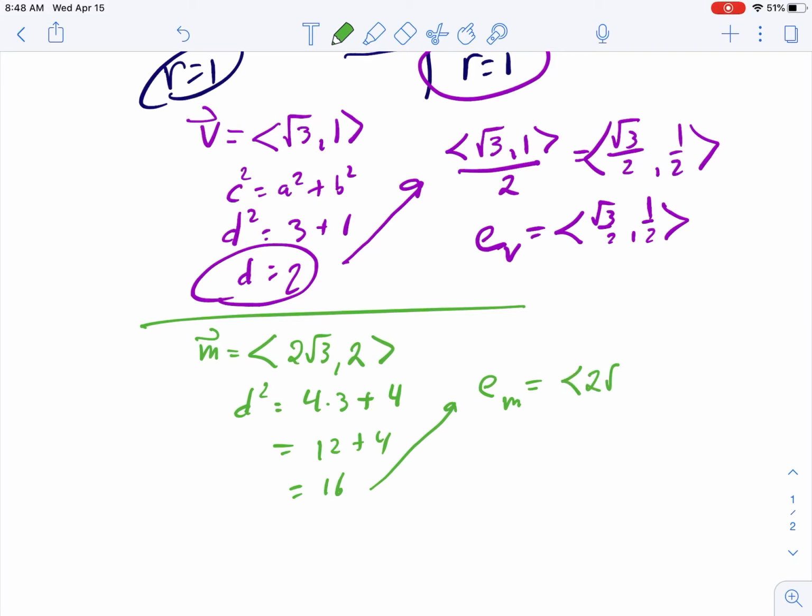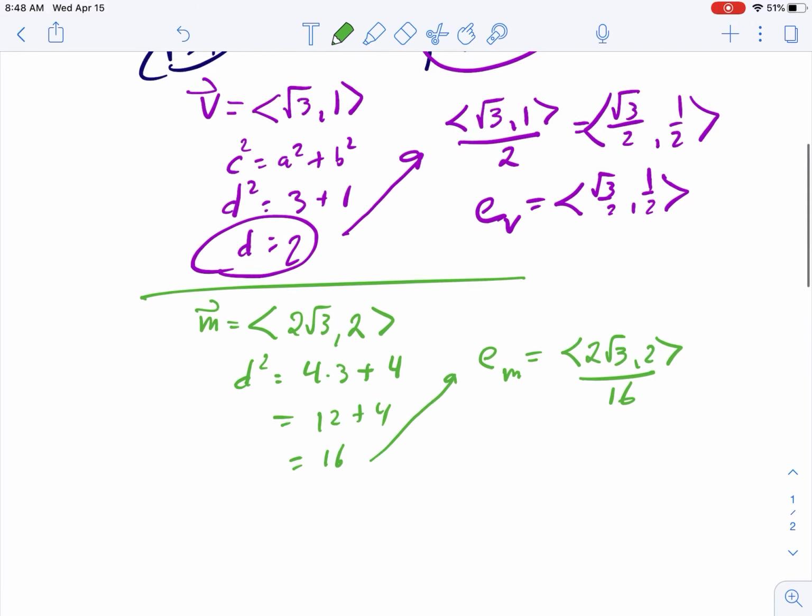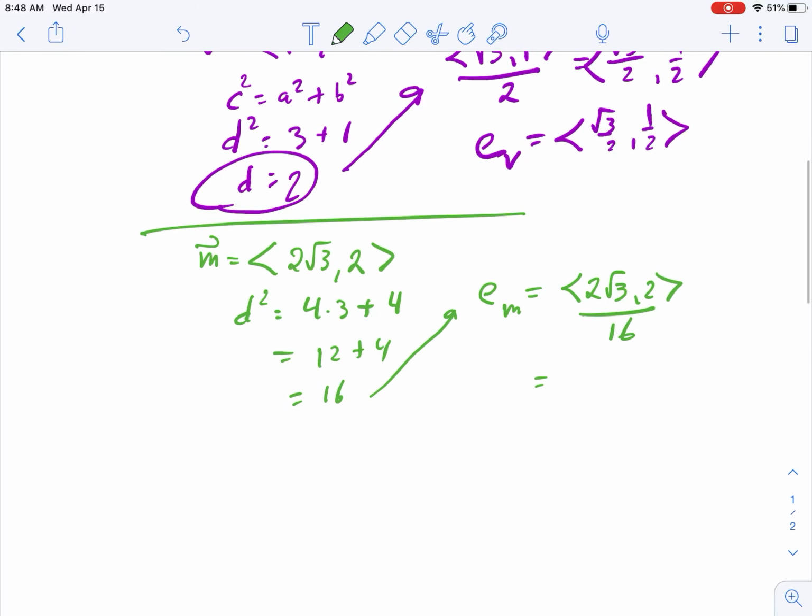would be taking 2 root 3 comma 2 and dividing it by 16. Oops, actually that would be 4. I forgot that was d squared. So actually that would be 4. So what I have now is root 3 over 2 and 1 half.